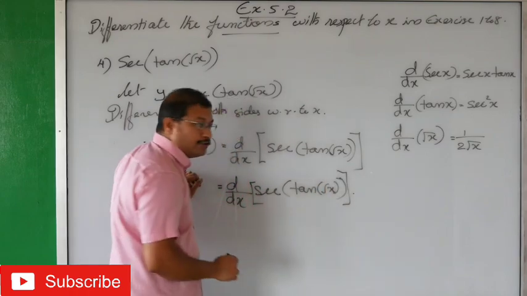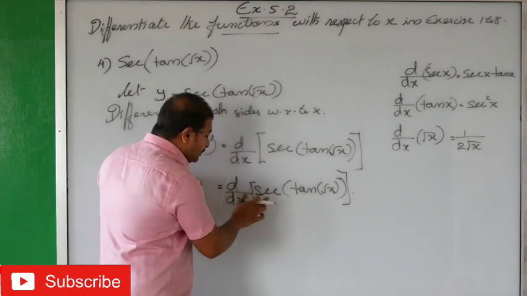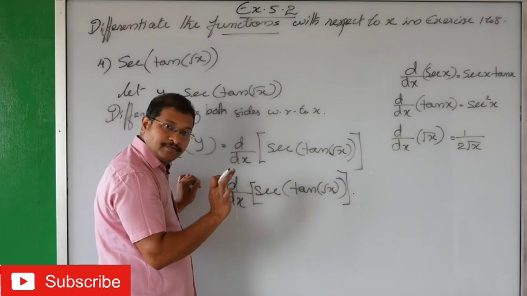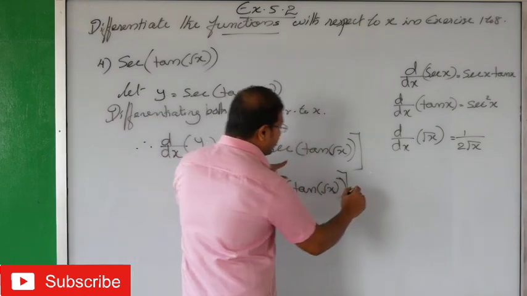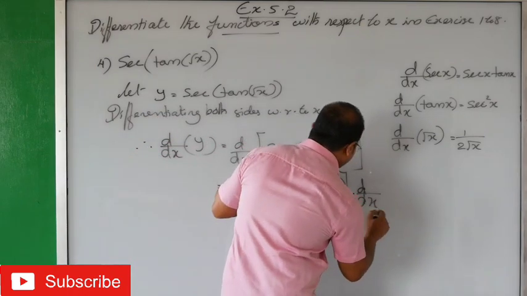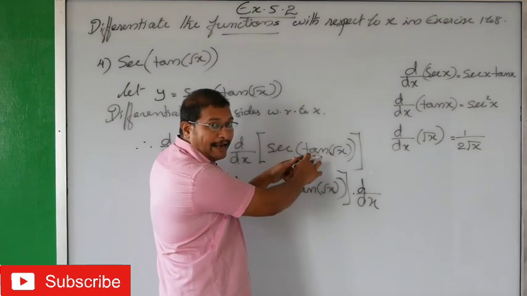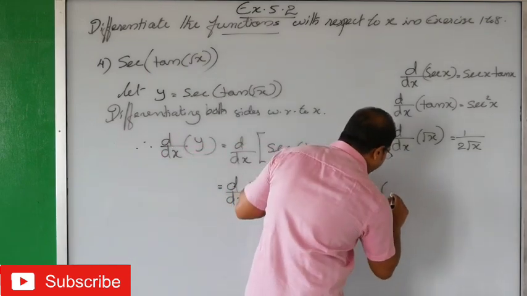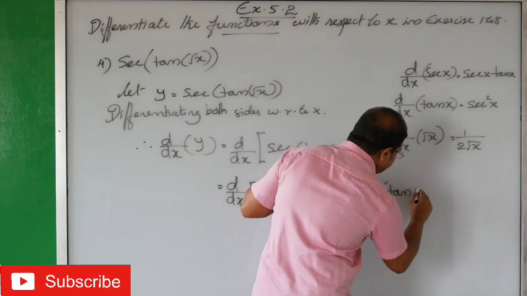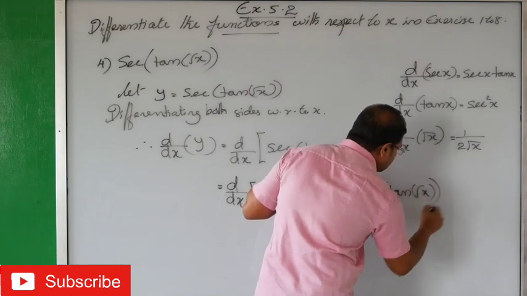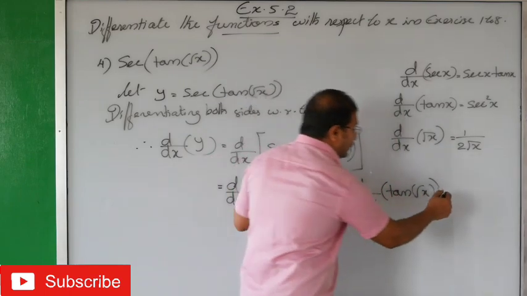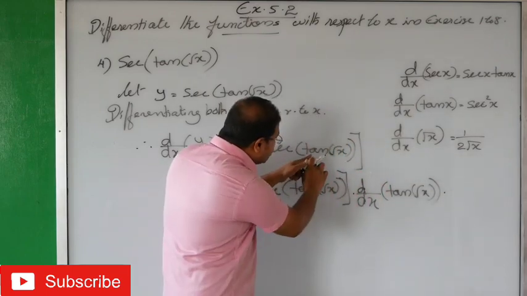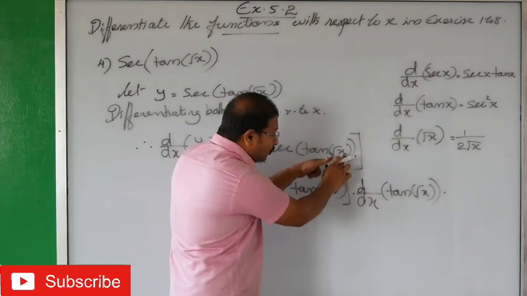first part, into, now we got it, derivative of sec x, into again derivative of, in place of x what is here? Tan root x. So derivative of tan root x, again one more, into, because inside the tan we got it now root x, isn't it?